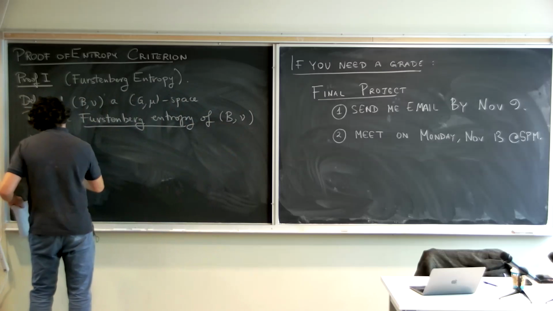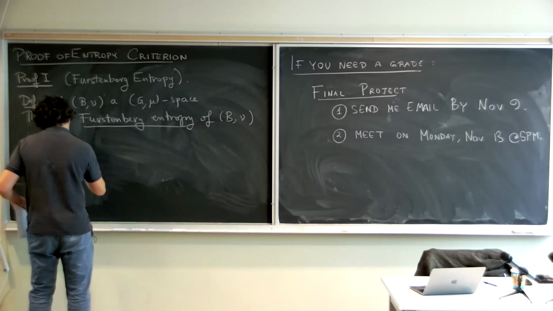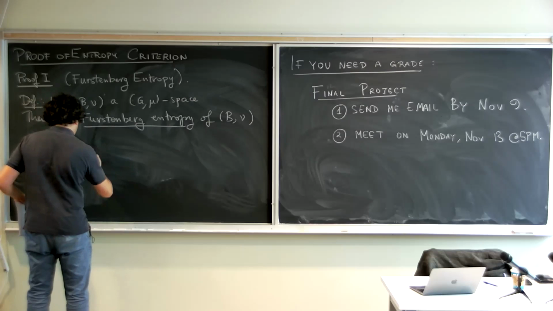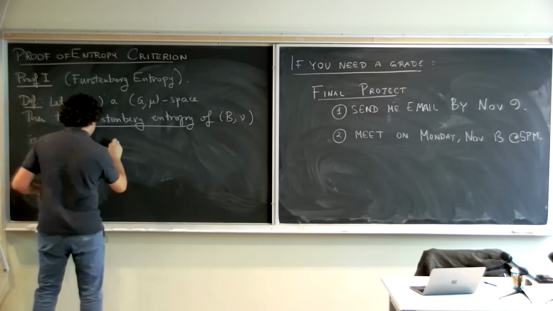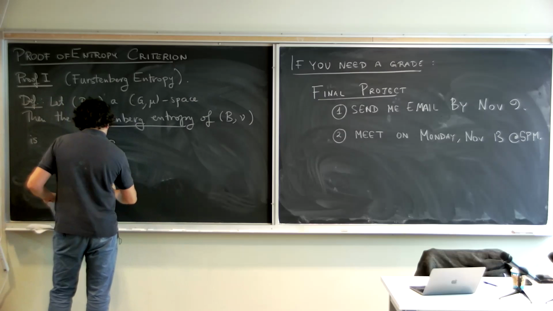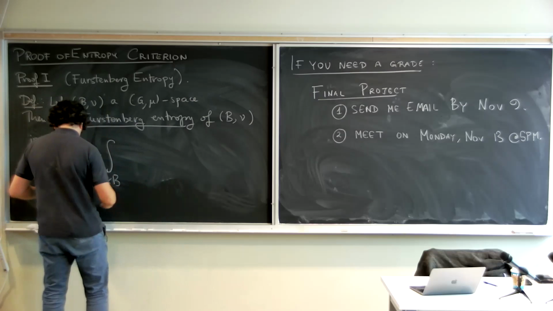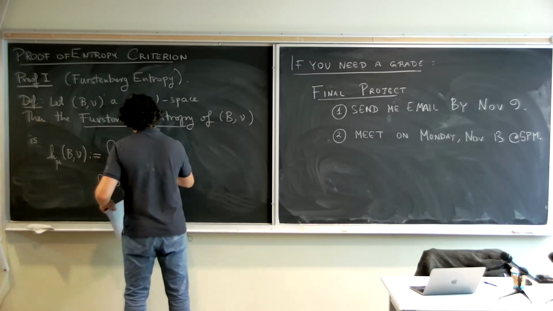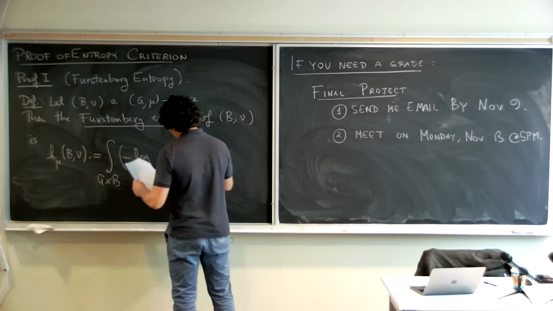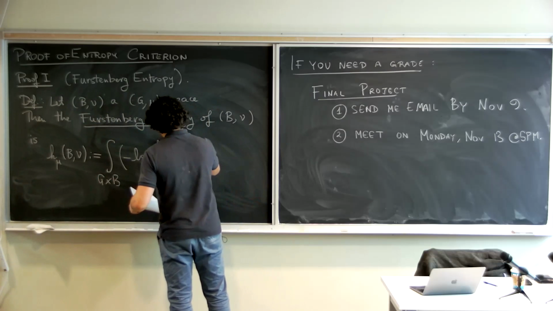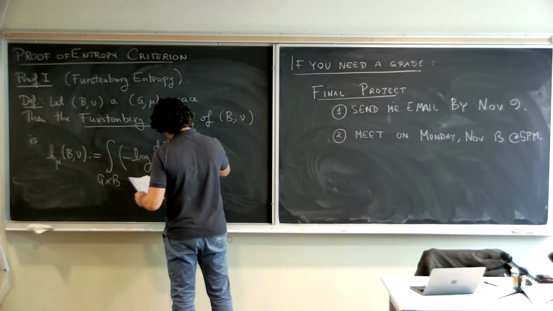We denote it by H_mu(B, nu). It's the integral over G times B of minus log, basically the Radon-Nikodym derivative. For technical reasons, we take the inverse here.